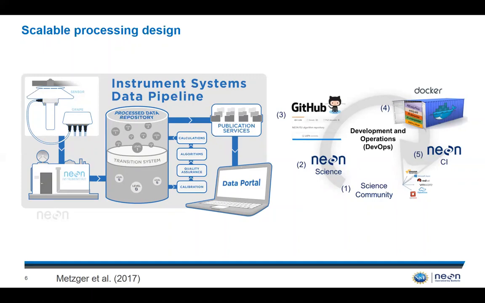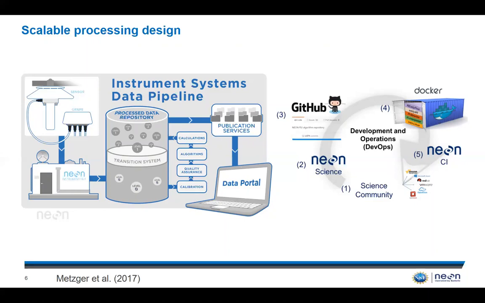For the surface atmosphere exchange data processing, we utilize the development and operations, or DevOps, processing framework described in Metzger et al. 2017. We take input from the scientific community, we distill it into NEON processing algorithms, which are housed in GitHub via the EDI4R suite of R packages.